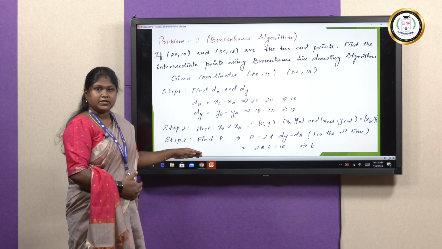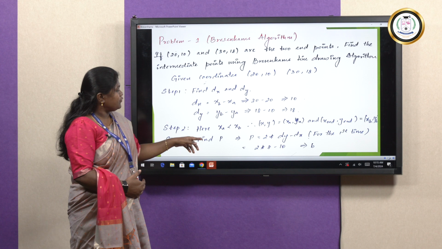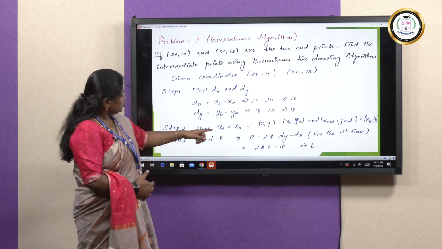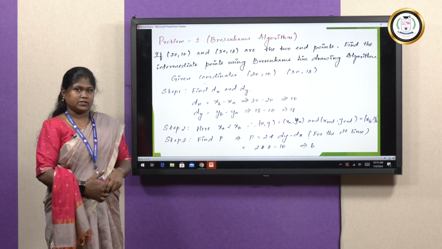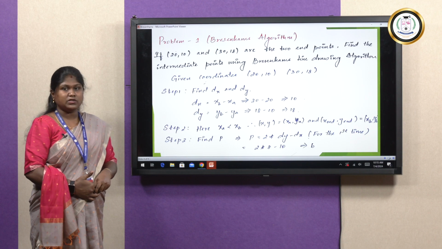For the very first time, we use the formula for the decision parameter: p is equal to 2 into dy minus dx. So 2 into 8 minus 10, we have got 6. So the first decision parameter value is 6.